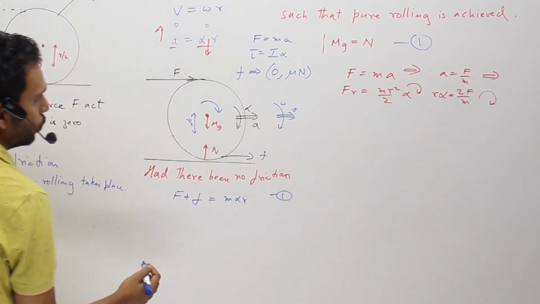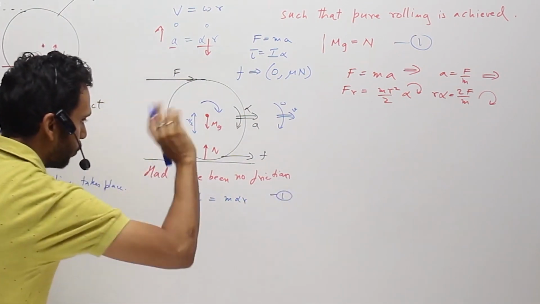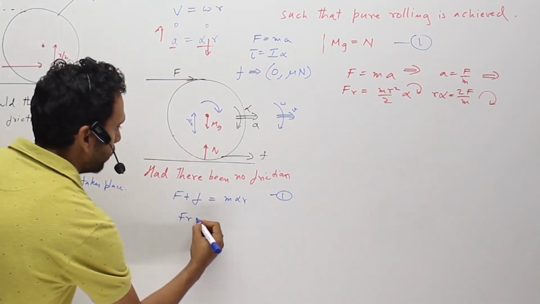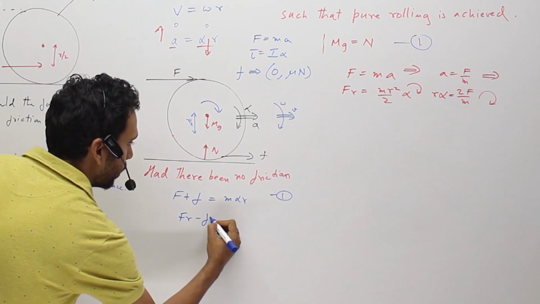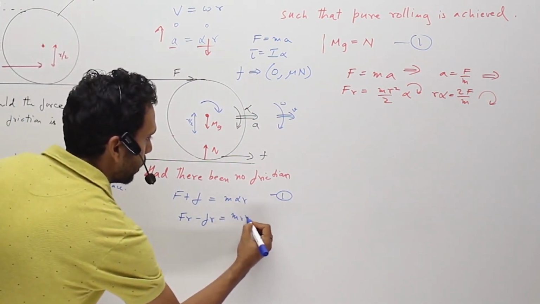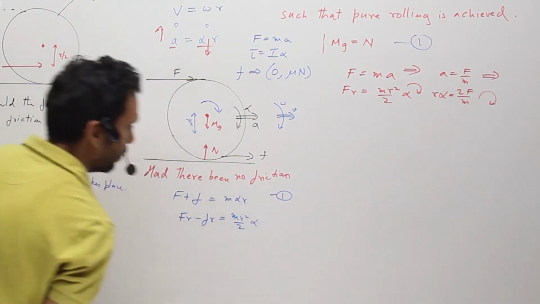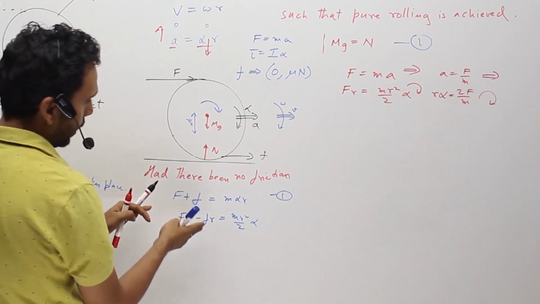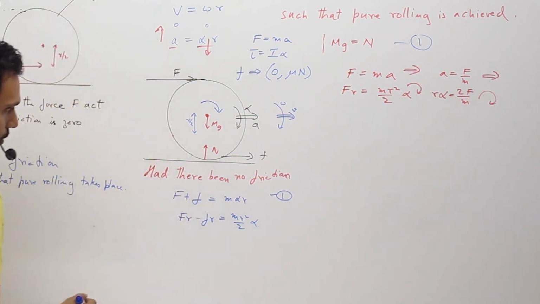Your equation number 2 would be your forward torque is due to capital Fr, and that is being reduced a bit by small fr, is equal to I alpha, which is mr square by 2 alpha. So again, to solve this, you just add the thing up and get your answer.